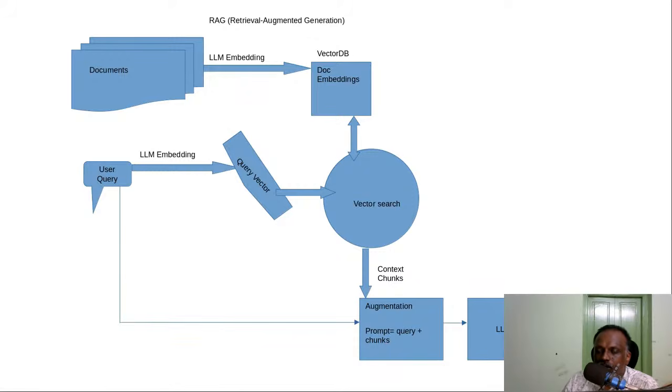As per our previous discussion, all those problems end with one single line: lack of data. So we can just feed the data along with the user query to the LLM. That is the fundamental idea behind RAG.